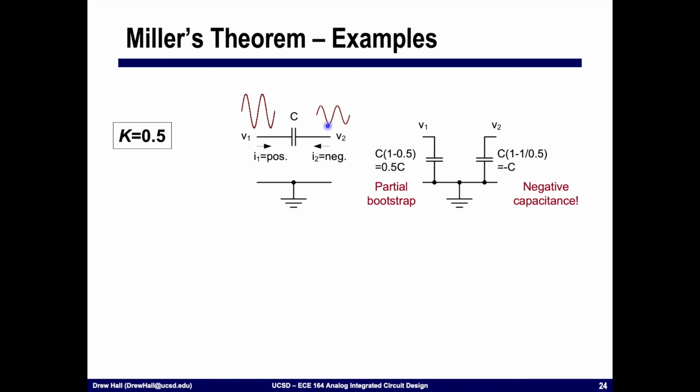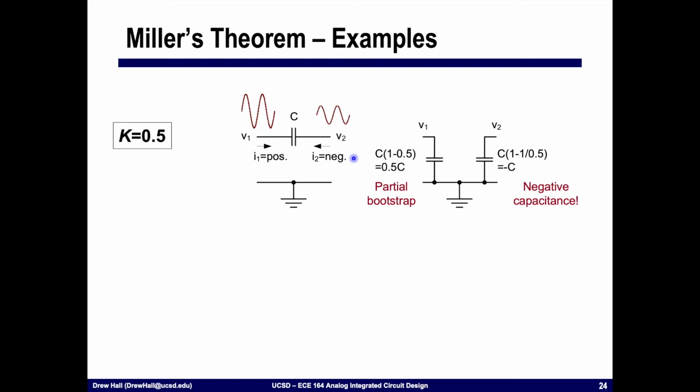Oddly enough, something funny happens when I'm looking the other direction. When I'm at the output and I start wiggling the output, the input is going to wiggle twice as much, by virtue of the fact that the gain is equal to 1/2. So rather than having the current flow into the circuit as I would expect for a positive impedance, the current is actually going to flow back out at me. This is where we get this idea of a negative impedance.